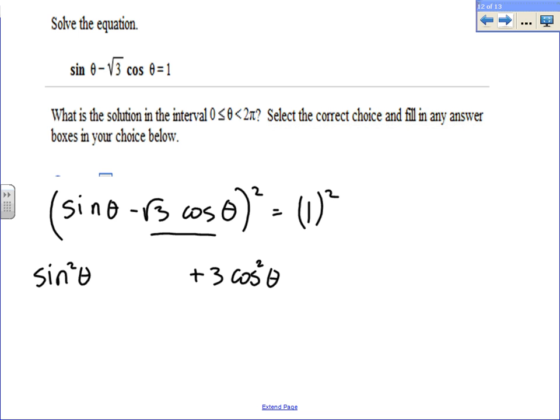In the middle we do twice the product, the opposite product here. This is going to be pretty nasty when I multiply it out. Twice the product would be negative 2 square root of 3 sine theta cosine theta. And then on the right side, that would just give me a 1.